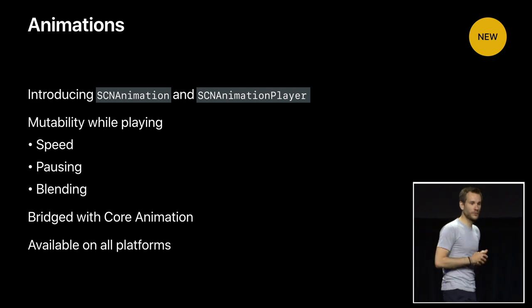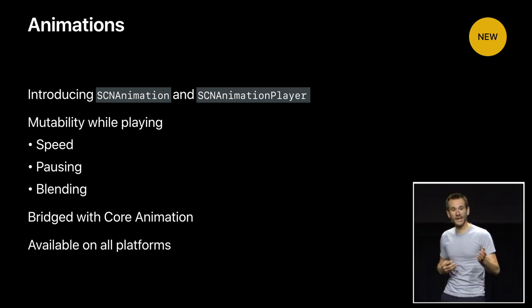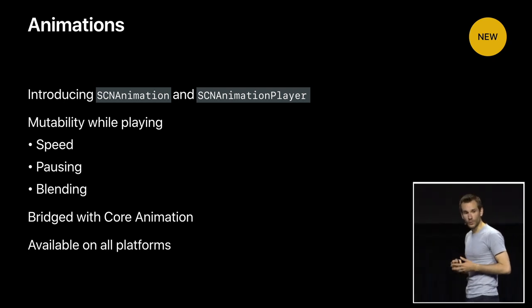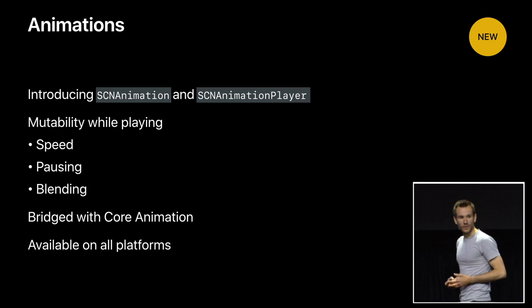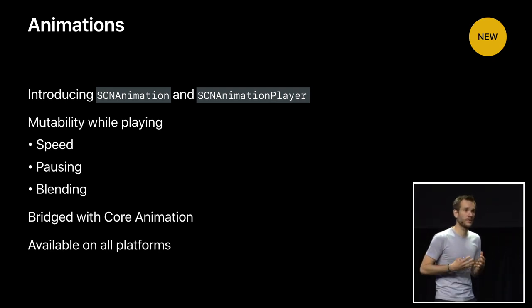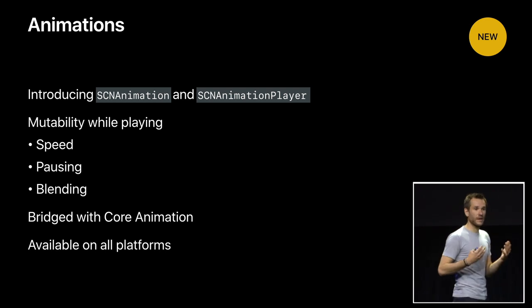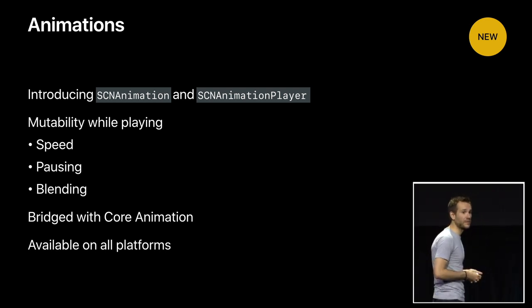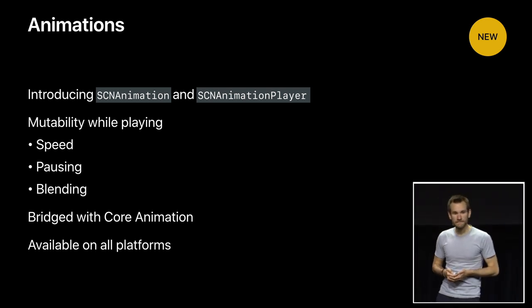Of course, we still fully support CAAnimation APIs. CAAnimation conforms to our new protocol. But with the new APIs, it's much easier. You can work dynamically on animations while they are running. And these APIs are available on all platforms, including watchOS.